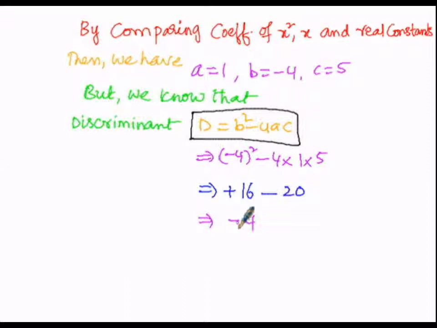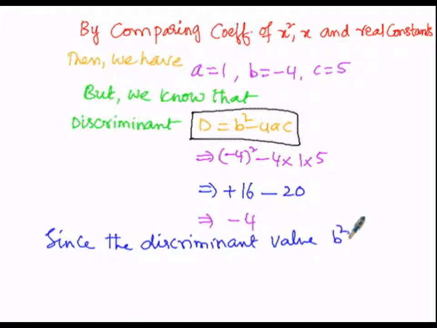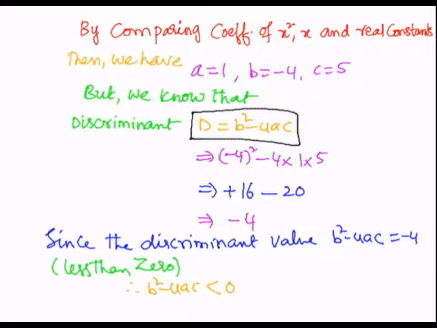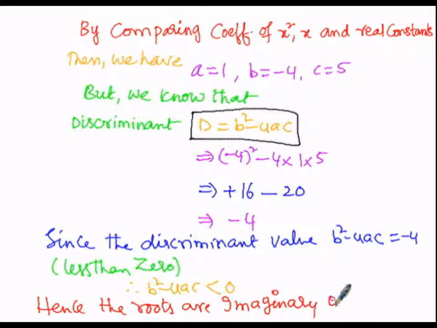So therefore, since the discriminant value, b square minus 4ac, is equal to minus 4, which is less than 0, therefore b square minus 4ac is less than 0, hence the roots are imaginary or complex.